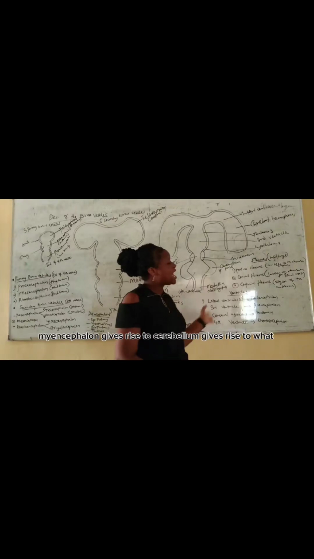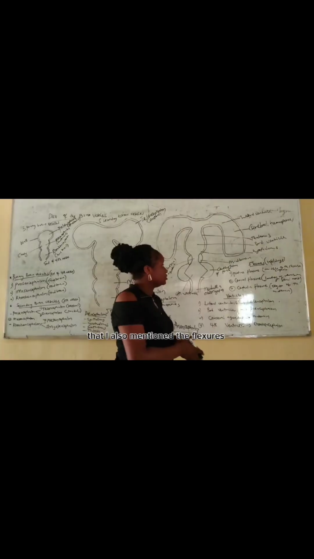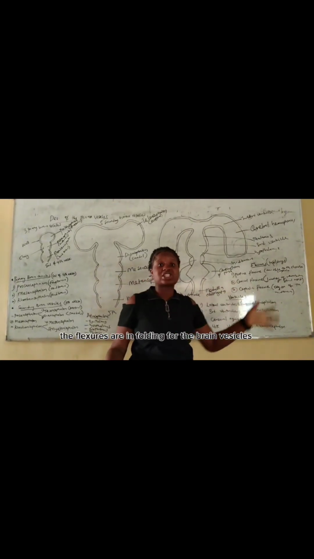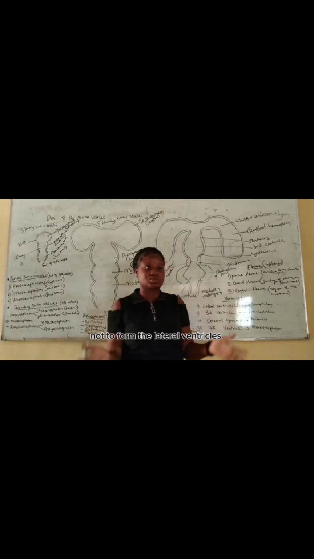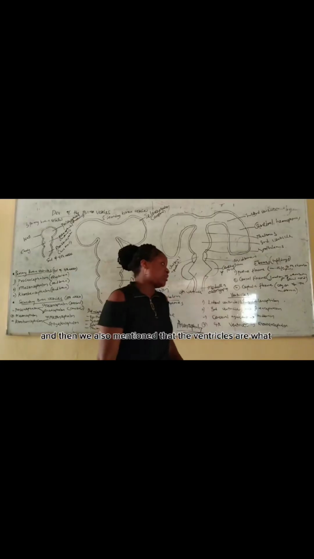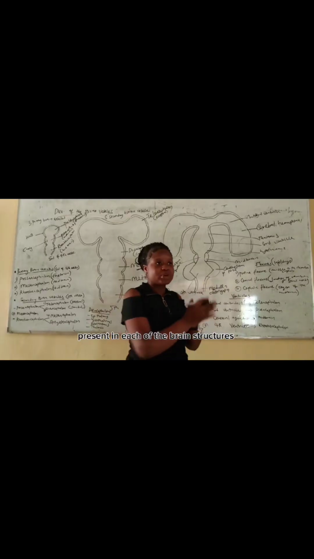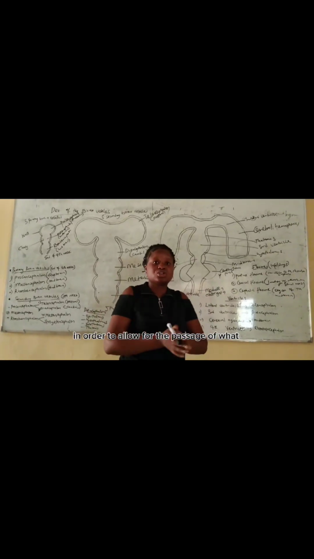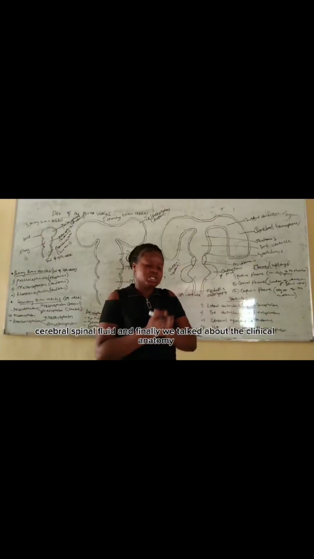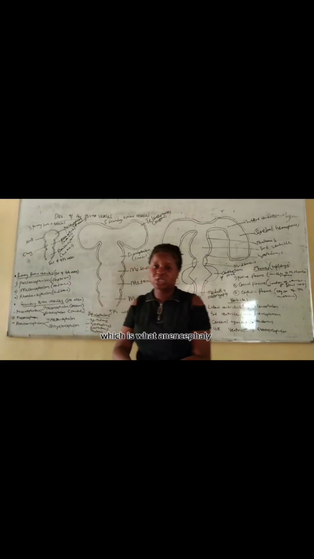While the myelencephalon gives rise to the medulla oblongata. I also mentioned the flexures. The flexures are infoldings of the brain vesicles in order to form the lateral ventricles for the passage of the cerebrospinal fluid. And then we also mentioned that the ventricles are present in each of the brain structures in order to allow for the passage of cerebrospinal fluid.